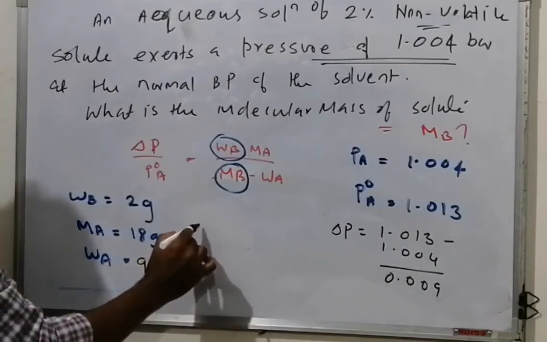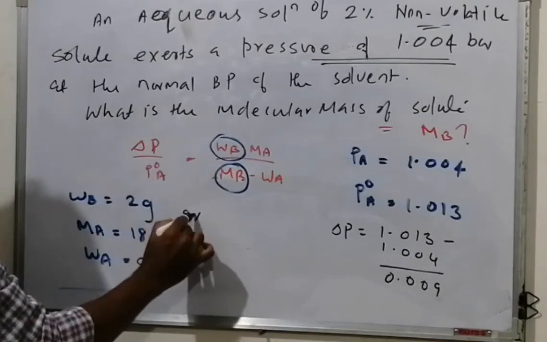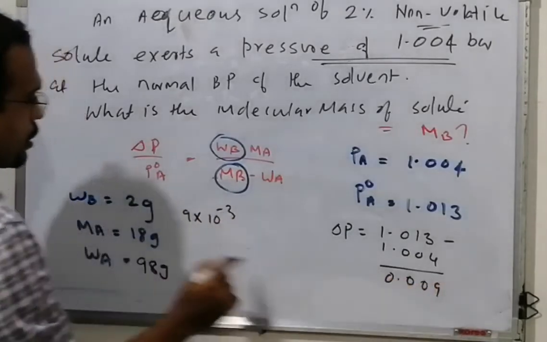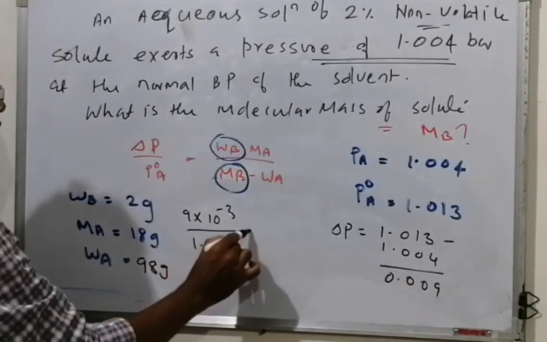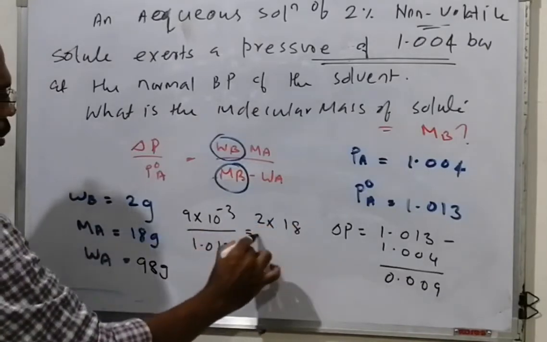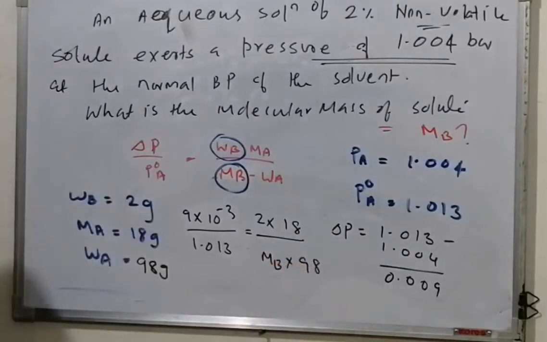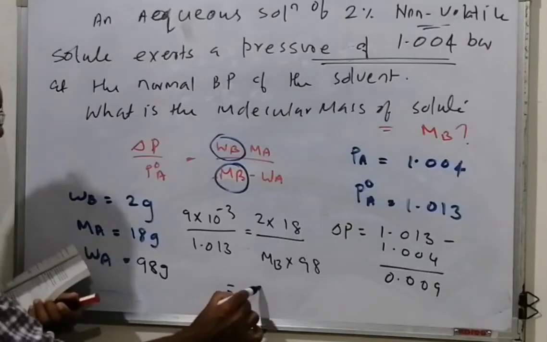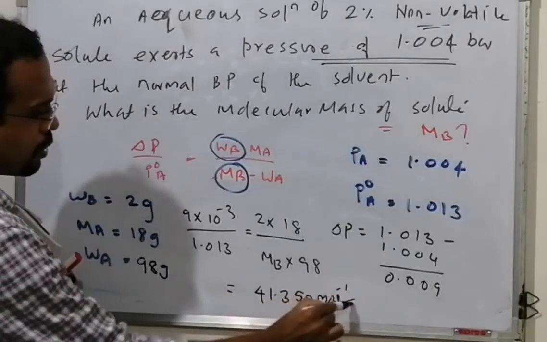Therefore, the final calculation: 9 into 10 raised to minus 3, divided by 1.013 is equal to WB 2, MA 18, divided by MB into 98. Therefore, the final answer would be 41.35 gram mole raised to minus 1. This is the final answer.